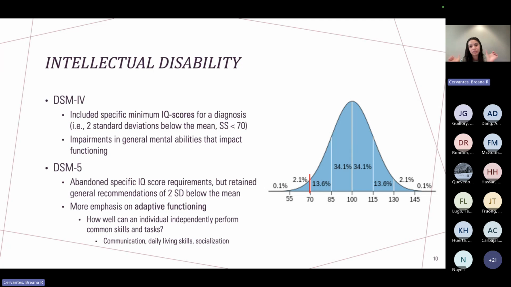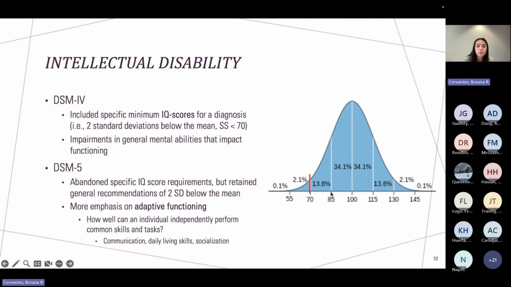And we're going to have standard deviations, which is here 15 and 15. 15 to the left takes us to 85, 15 to the right takes us to 115. That tells us that anyone between 85 and 115 is still functioning in the average range, because we're accounting for standard deviation to the left and standard deviation to the right.